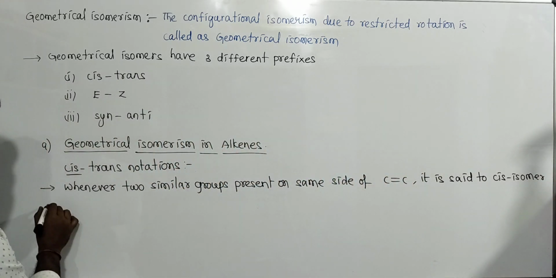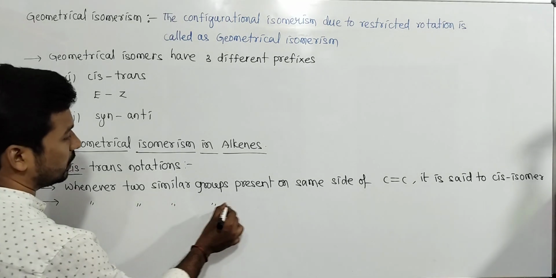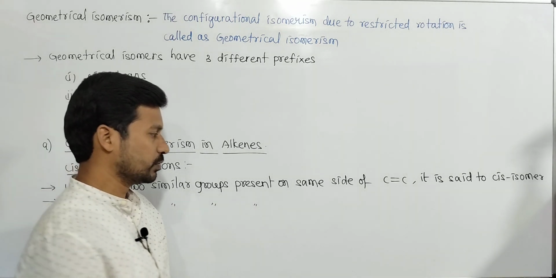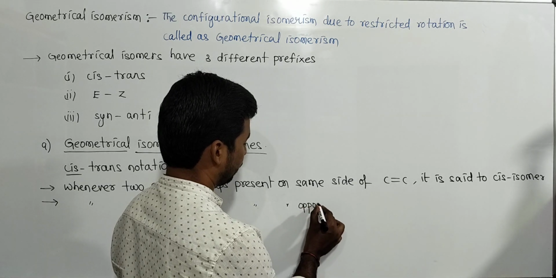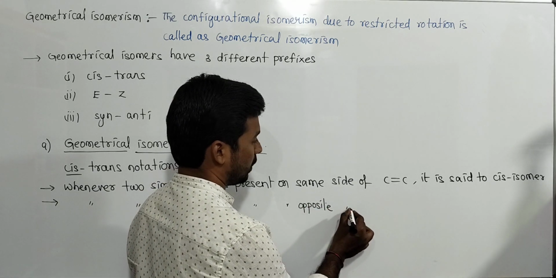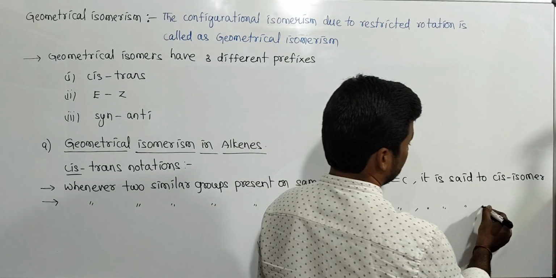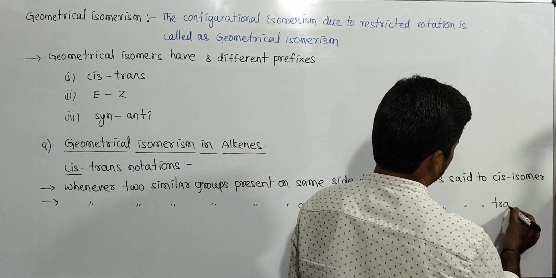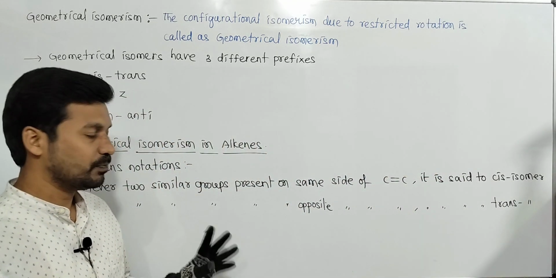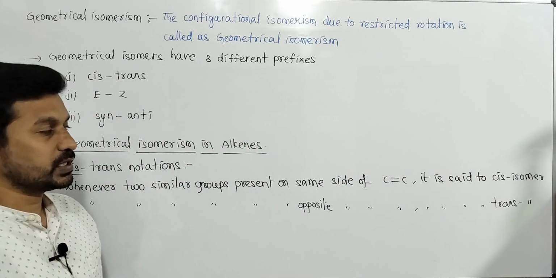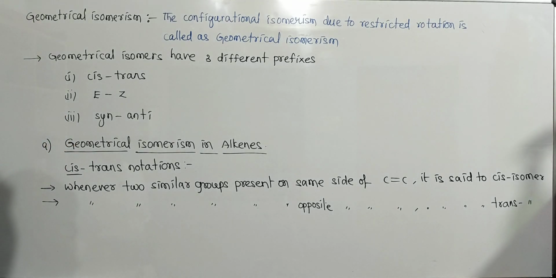In the same way, whenever two similar groups are present on the opposite side of the carbon-carbon double bond, it is said to be a trans isomer. Very simple. If similar groups are present on the same side, cis isomer. If similar groups are present on the opposite side, trans isomer.